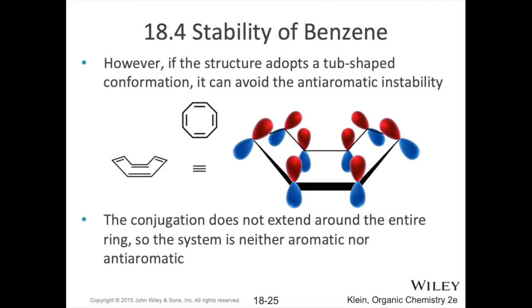So instead of being a ring of conjugated pi bonds, with those p orbitals all lined up, it actually puckers. It goes into kind of a boat or a tub shape to avoid having that overlap. That way it becomes actually kind of non-aromatic as opposed to anti-aromatic. It's not really aromatic or anti-aromatic.